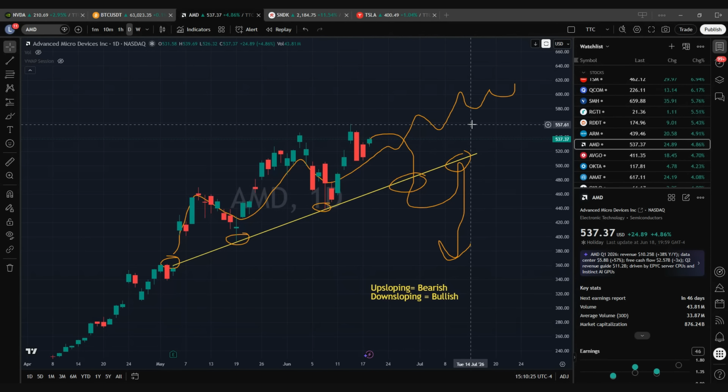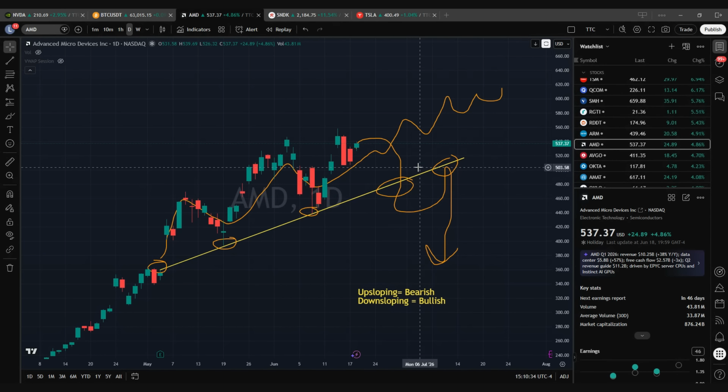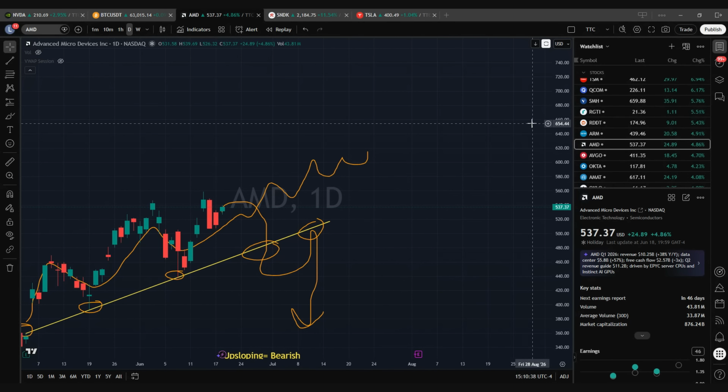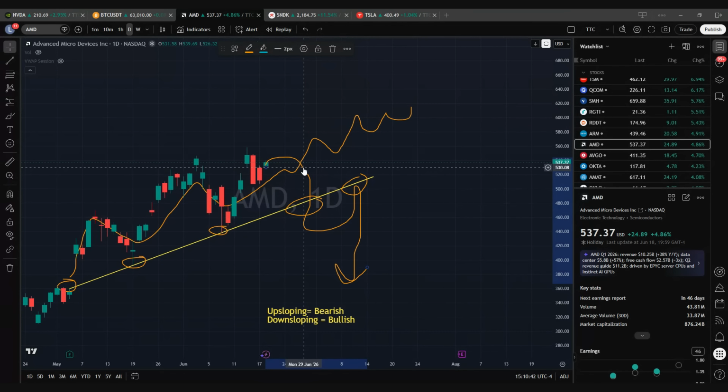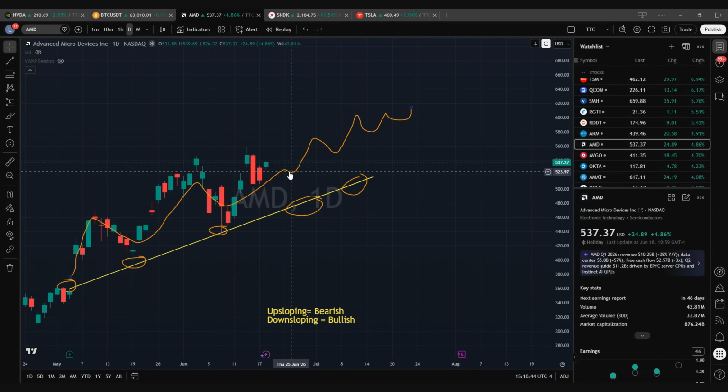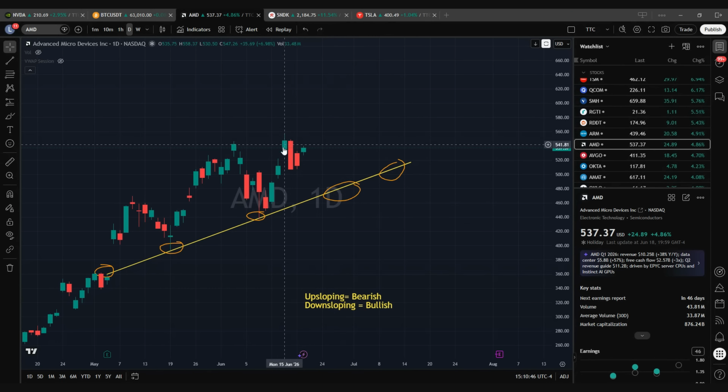But we're not trying to guess where it goes. We're watching the support level, watching this trend line break, and then entering. So we don't care if it breaks it at $500 or it breaks it somewhere over here around $700, $800, right? But when this breaks, you expect some downside, right?